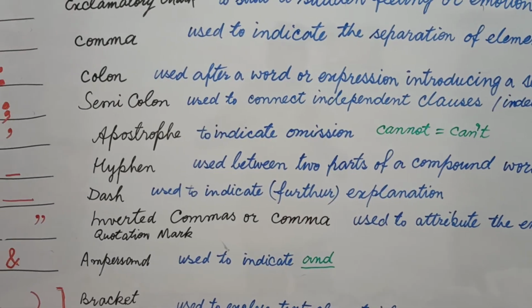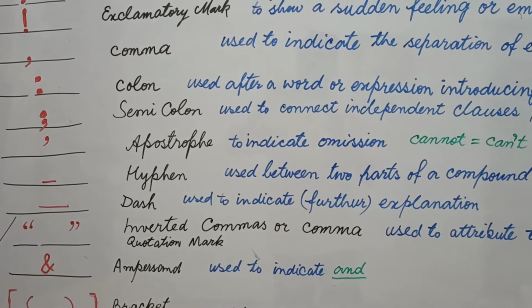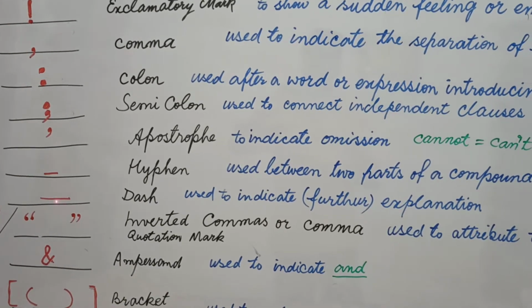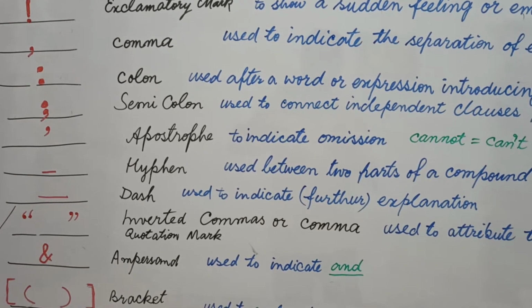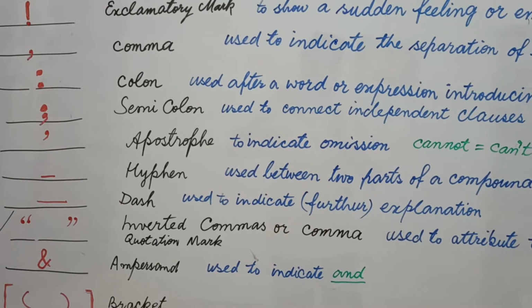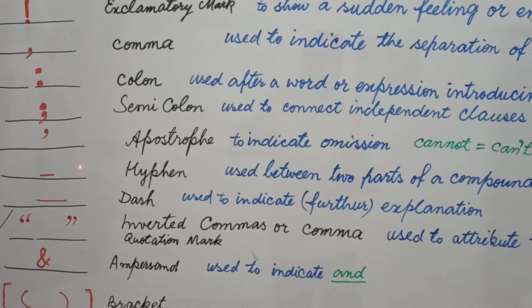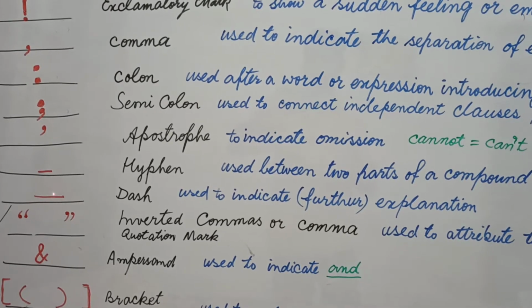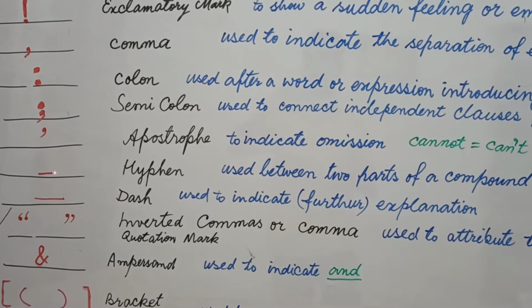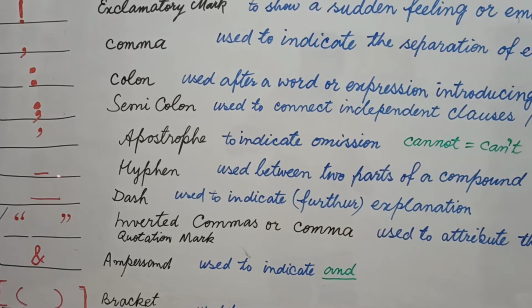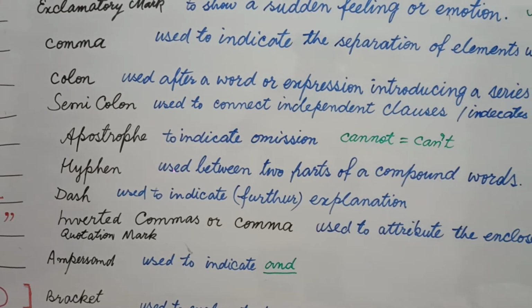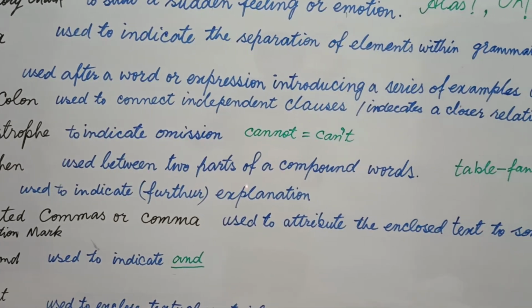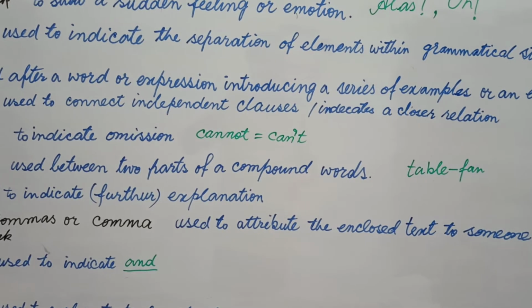After this students, there is one more sign, that is the hyphen. Students, between hyphen and dash sometimes students get confused. Now let's begin with the hyphen. A hyphen is half of a dash, meaning the size of a hyphen is half the size of a dash. Let's see where we use a hyphen. A hyphen is used between two parts of a compound word. What is a compound word?